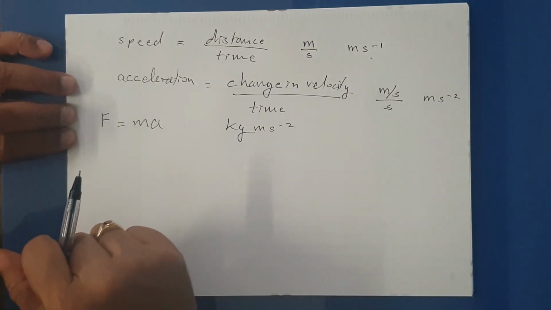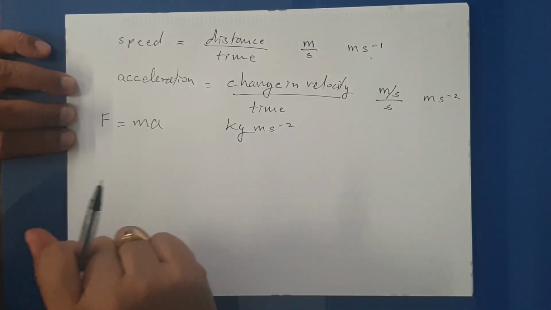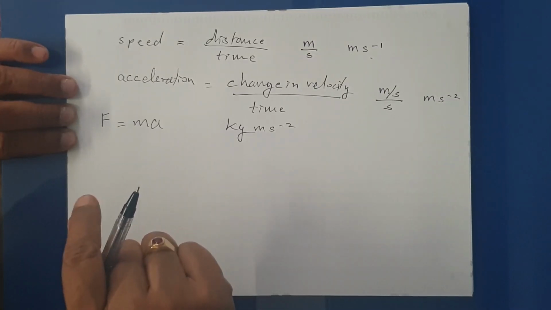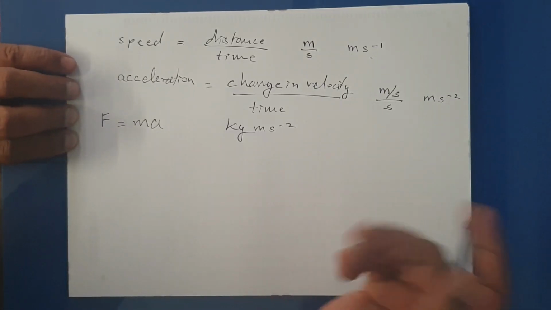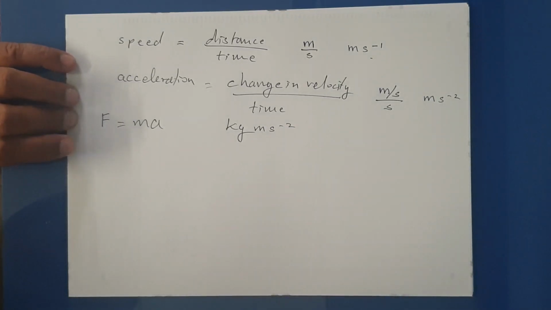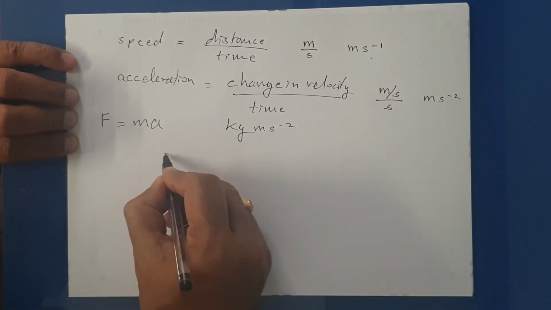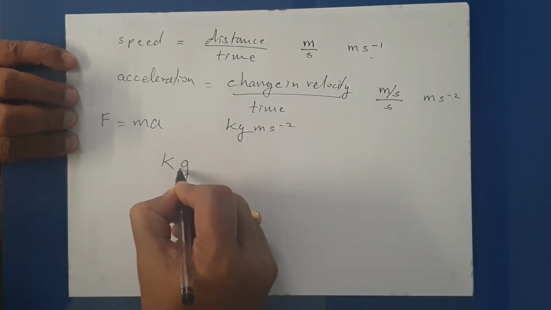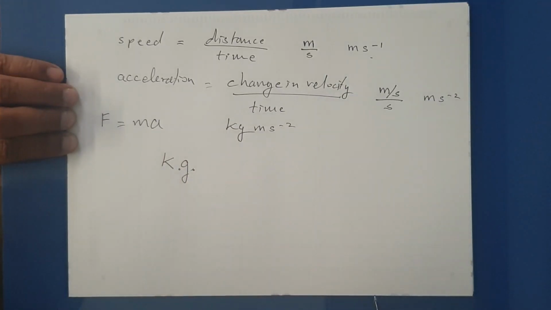Second rule to be followed is no full stop or comma is to be used within or at the end of the symbol of a unit. No full stop or comma to be used. Example, kilogram, you should not put full stops here.